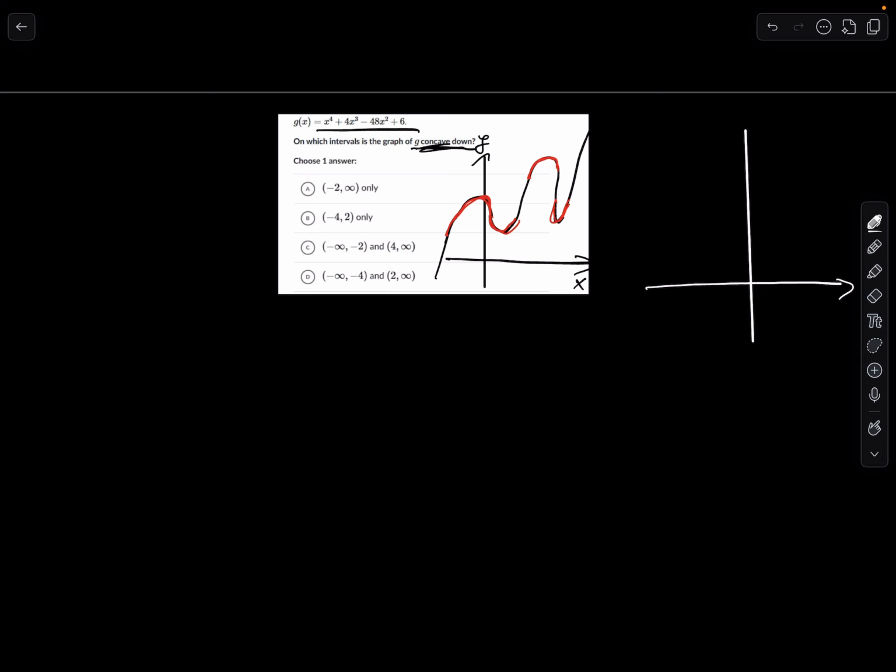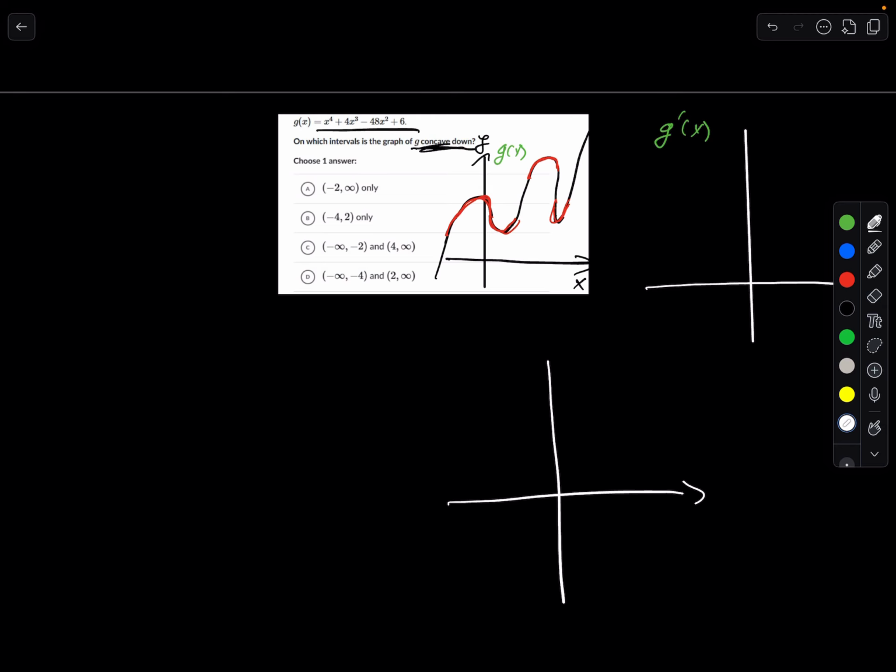First, let's try to understand how the first derivative and second derivative of this random function that we chose are going to look. So g prime of x, and here we're going to have a second derivative of the same function.